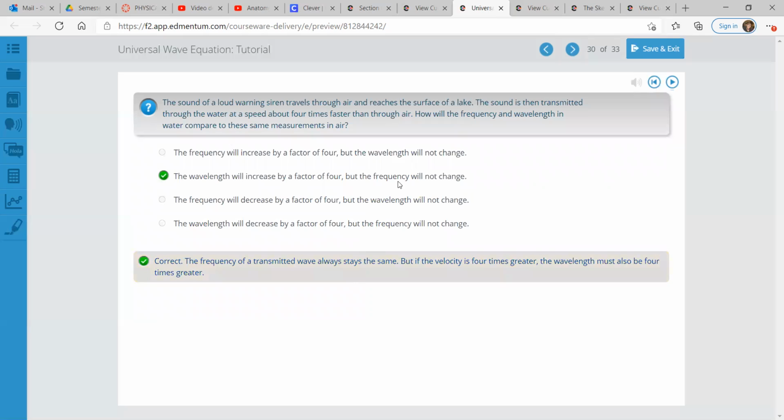The wavelength will increase by a factor of 4, but the frequency will not change. The frequency of a transmitted wave stays the same, but the velocity is 4 times greater. The wavelength must also be 4 times greater because they're directly proportional.